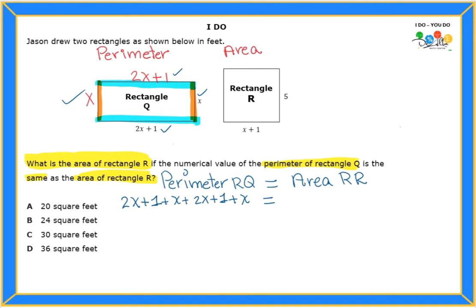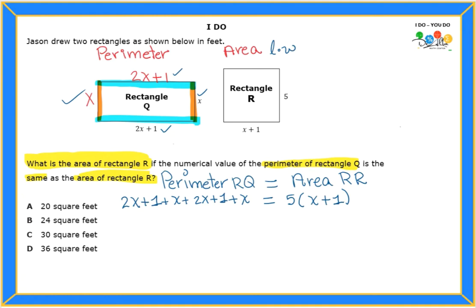Now remember, area means that you multiply length times width. So I'm going to put over here, area means length times width. So I need to multiply 5 times x plus 1, because to find area, you multiply one side by the other side. Now on the perimeter, I can add up, combining like terms.